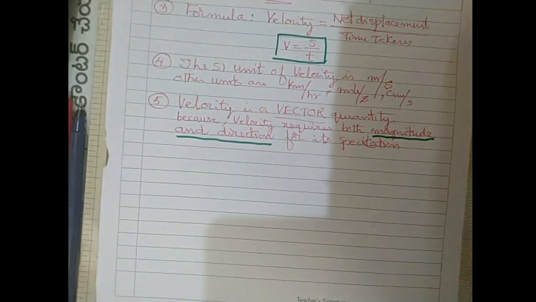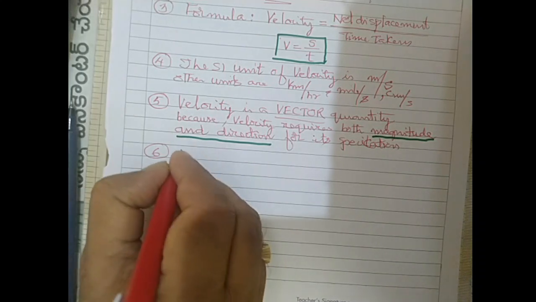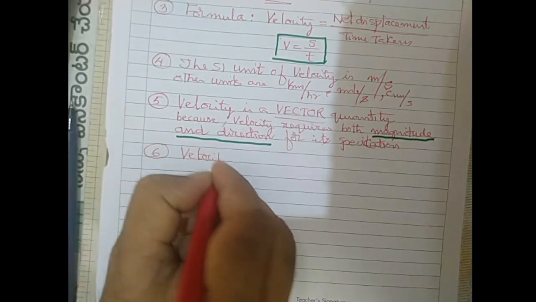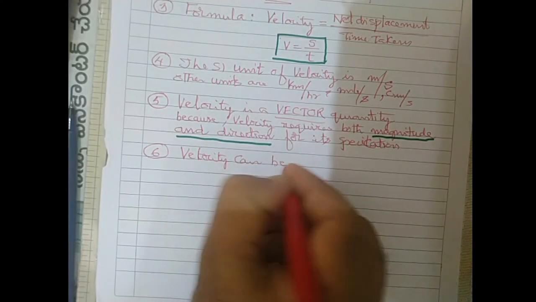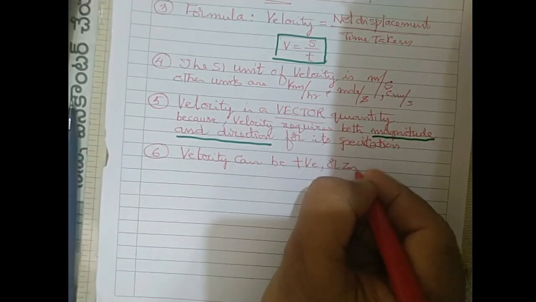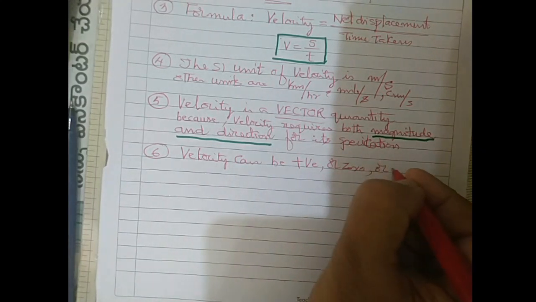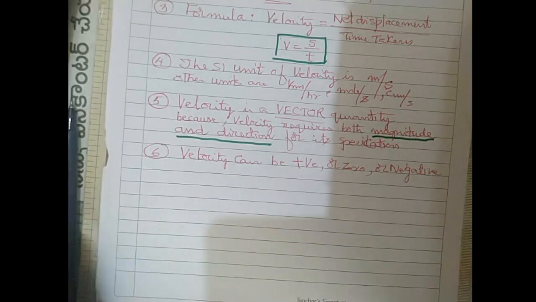Okay, now the next point, the sixth point, is that velocity can be positive or 0 or negative also. In the earlier classes you have seen that displacement can be negative.